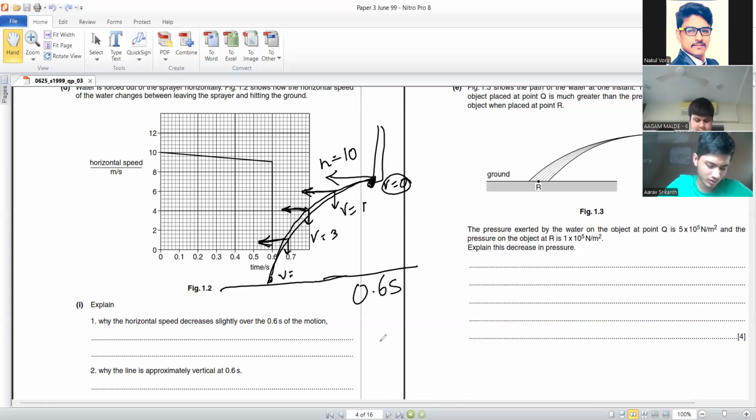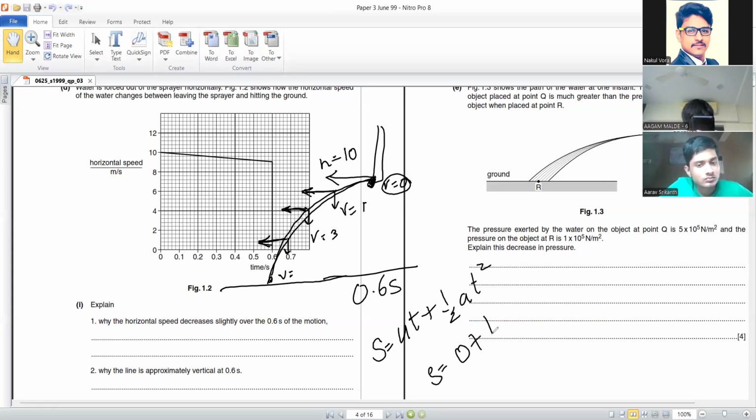In this case, what you'll do is S is equal to UT plus half AT squared. This is what you'll apply, because we want to find the distance covered in the vertical direction. We actually had no need to find the velocity; we could have done this directly. S is equal to UT, which is 0 because U is 0, plus half into A. What is A? 10.